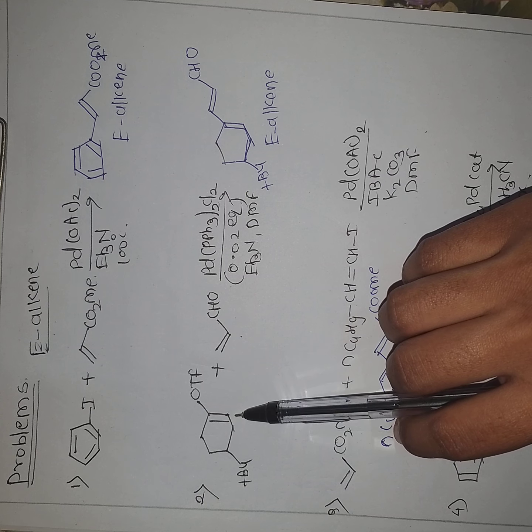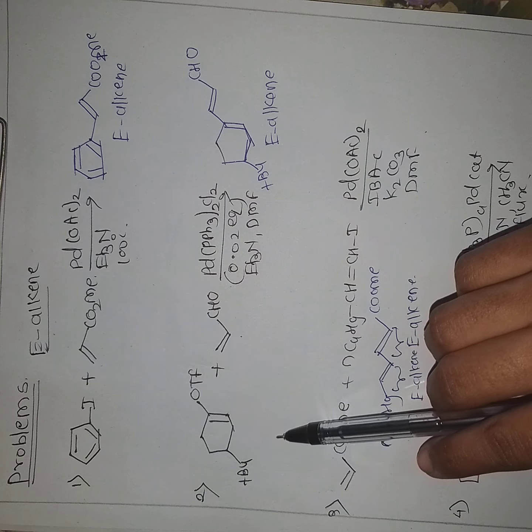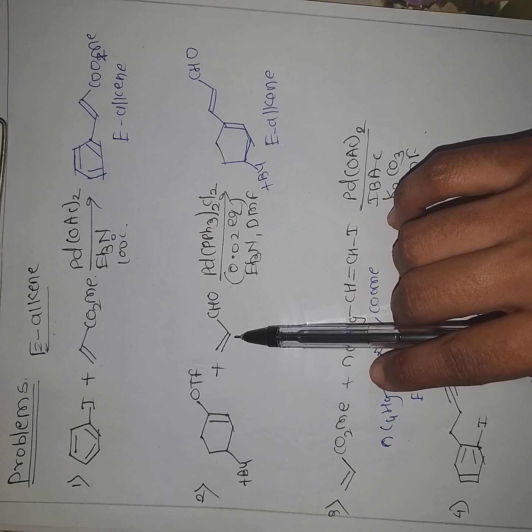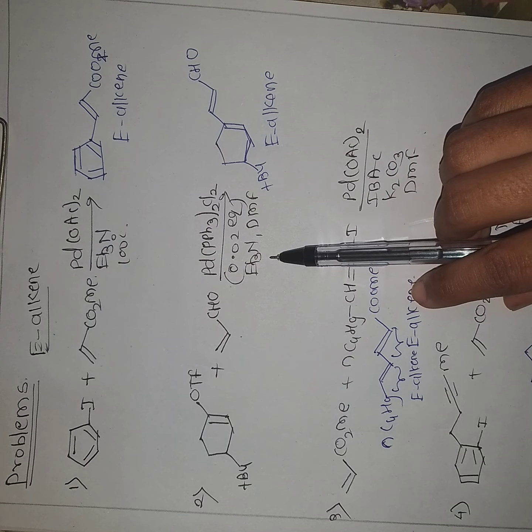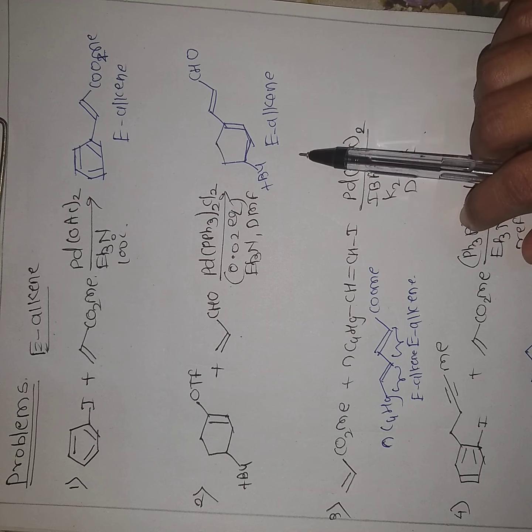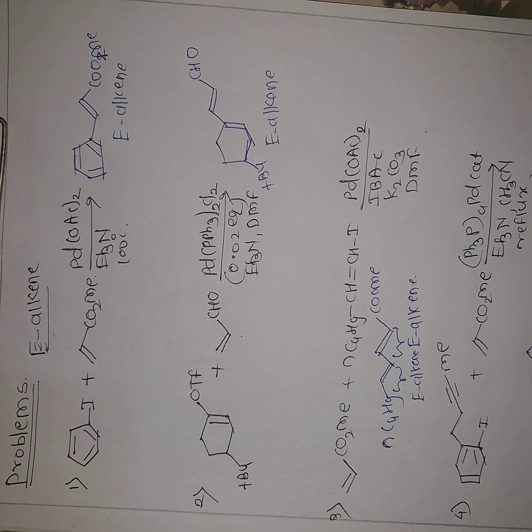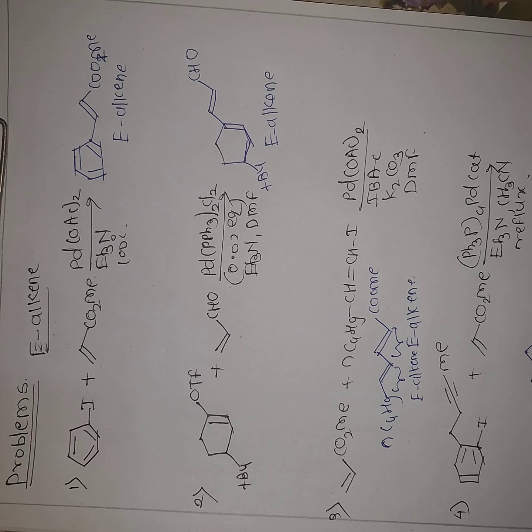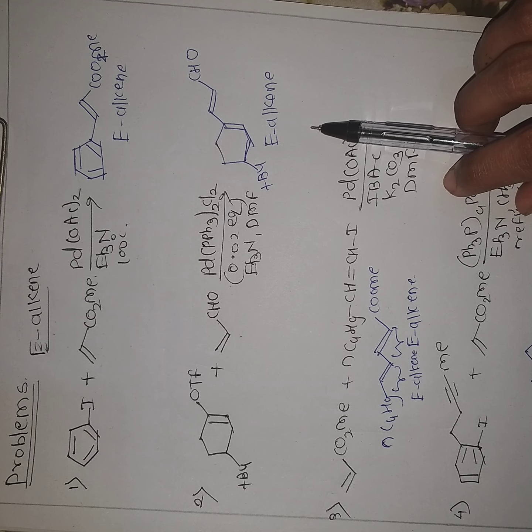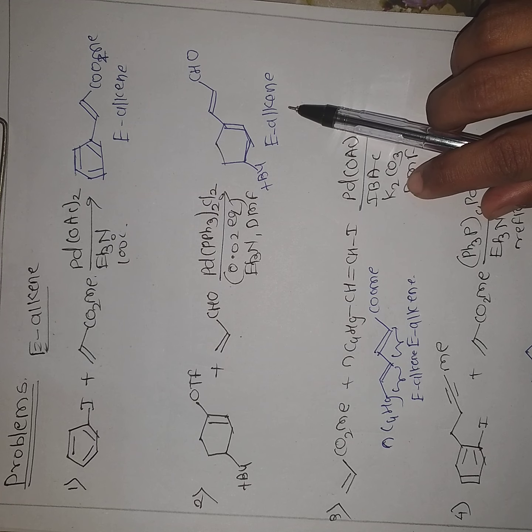Now look at the second one. This is also an aryl halide. It couples with alkene in presence of palladium complex and base to furnish E-alkene. I am writing the product directly. You can also predict the product by using the mechanism, but this is a short trick. We have to remember that the major product in Heck reaction is E-alkene.